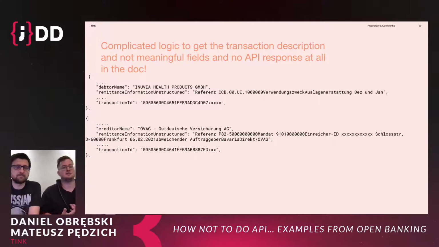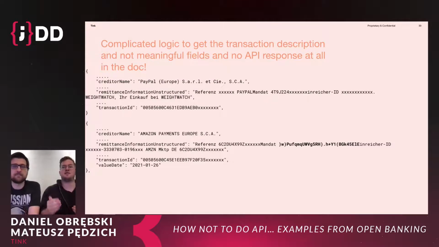Why not just expose the description? We also have another example, with PayPal and Amazon. Also, you may see that in this remittance information unstructured there are weird characters, and we don't know what to do with that.